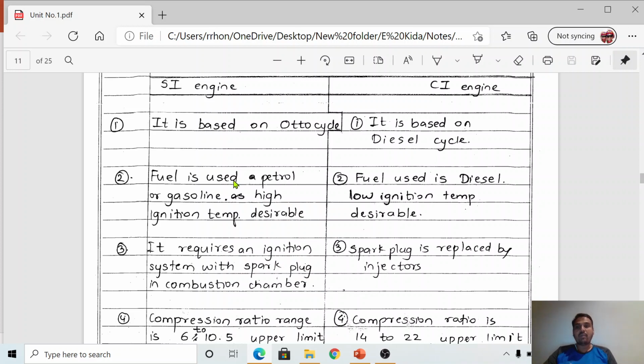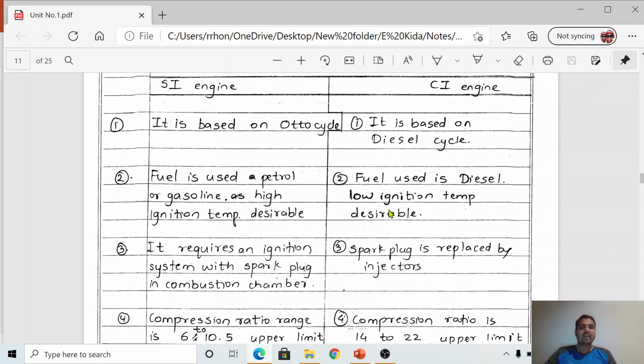When we talk about the second difference, in the case of SI engine, we always use petrol or gasoline. Gasoline is another name for petrol. Petrol or gasoline, with a high ignition temperature, is desirable. In the case of CI engine, we always use diesel, where a low ignition temperature is desirable.